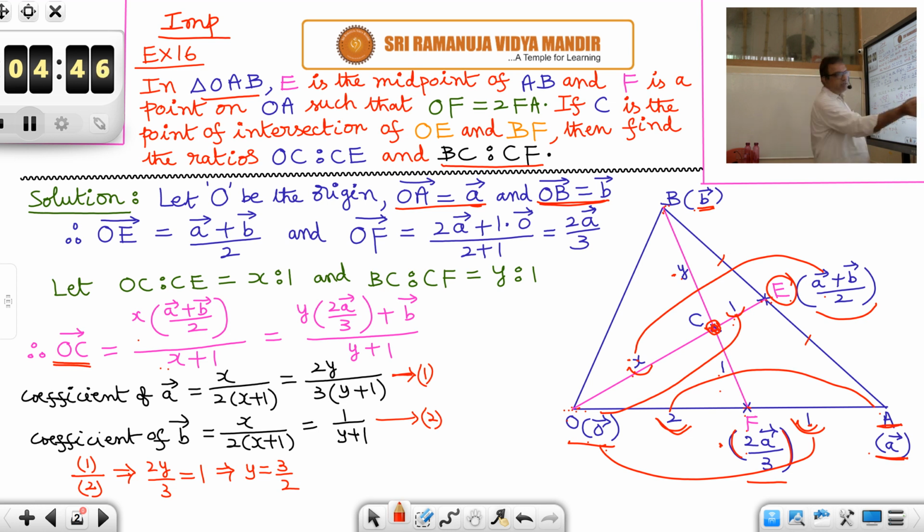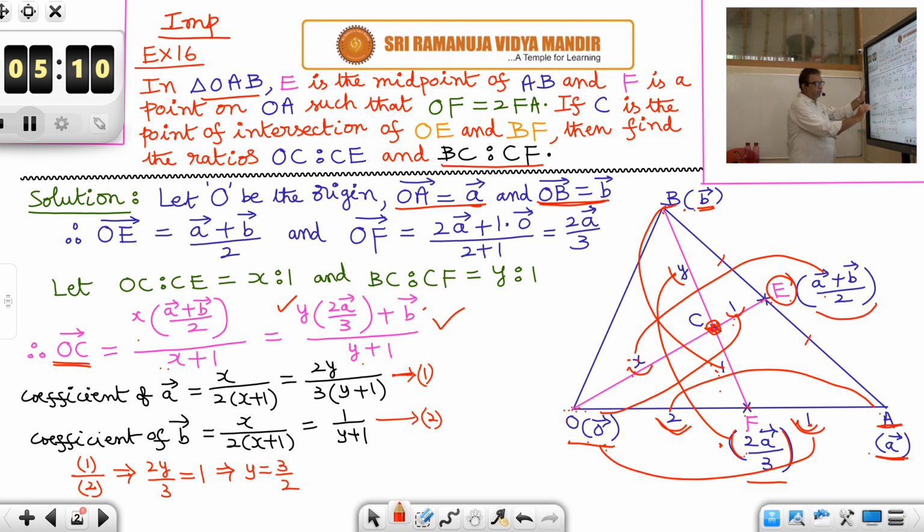The same point C's position vector you can obtain by using the ratio Y:1 also. Y into this point's position vector 2a bar by 3 plus 1 into that point's position vector b bar, divided by Y plus 1. So this is the main equation now.